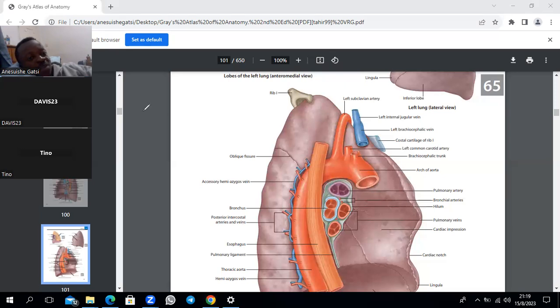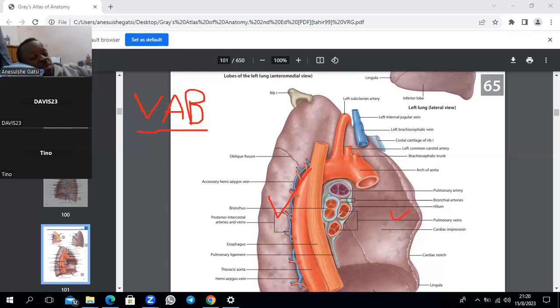I usually teach people this way, then they forget. I ask them after 1 year, they don't know. When you're looking at this arrangement, whether it's right lung or left lung, as long as you're looking at things starting from the front going to the back, it's VAB.